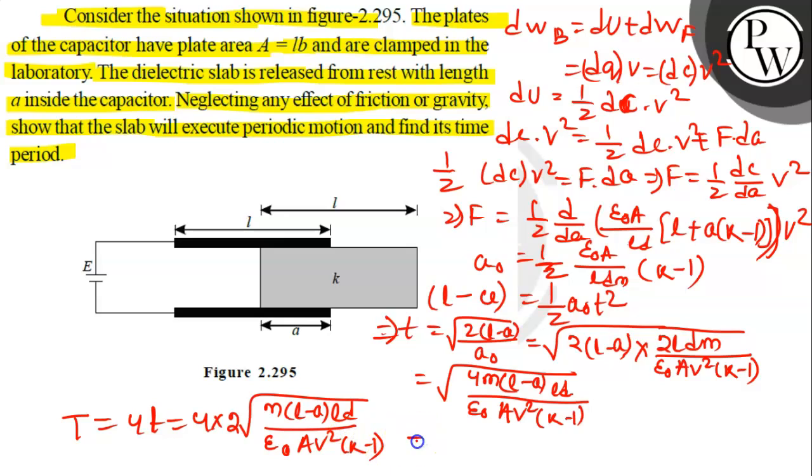So it will be 8 root over of m into L minus a into L d divided by epsilon naught A V square into K minus 1. This is the answer.